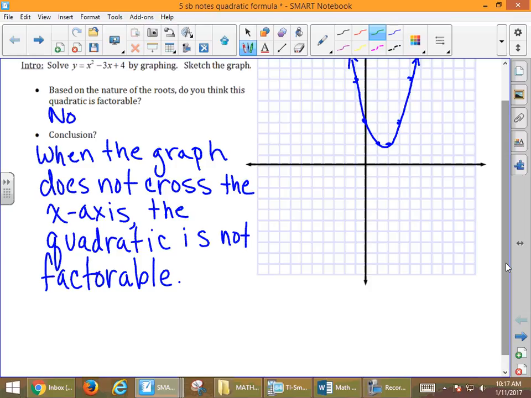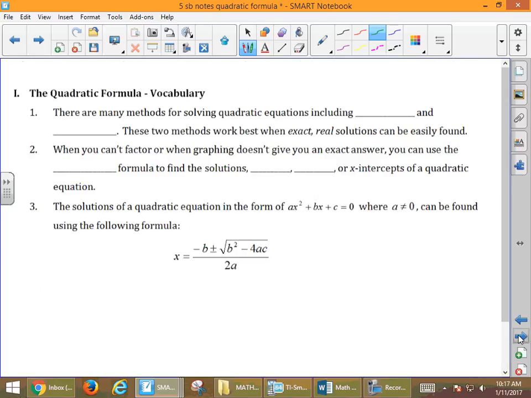But what I said is there actually is an answer to this problem, and we'll talk about that in a couple minutes. But let's get a little bit of background here. There's many methods for solving quadratics, and the two that we've worked on so far are graphing and factoring.